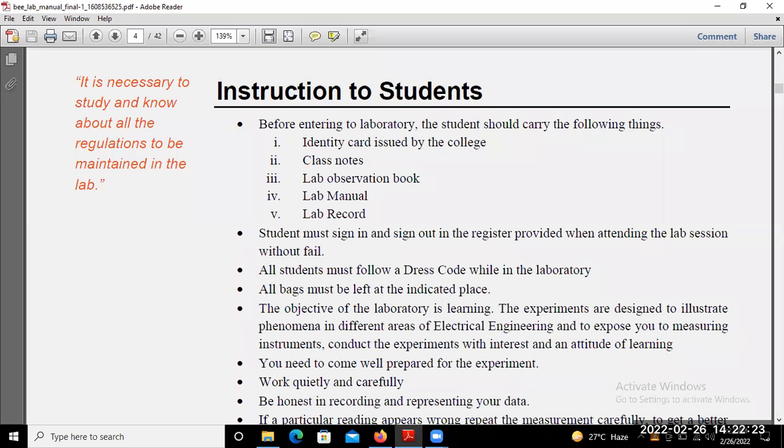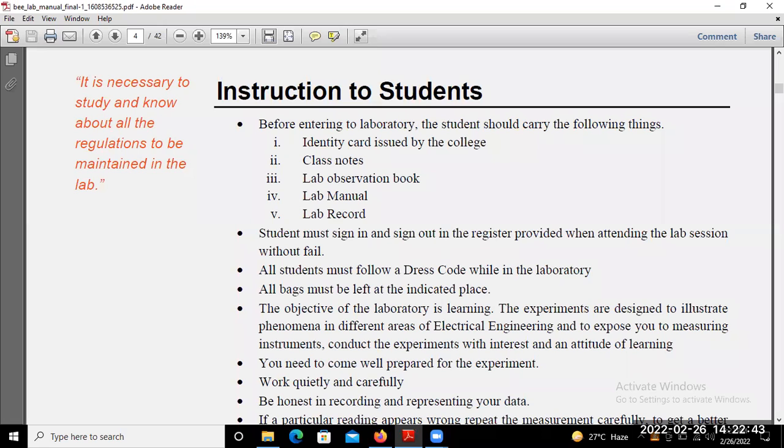You need to come well prepared for the experiment. Whichever experiment you will perform on a particular day, you should have covered the theory portion at home.